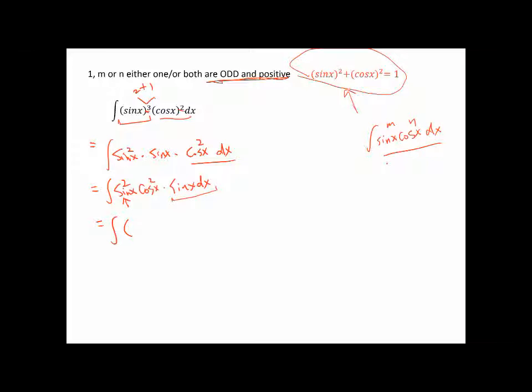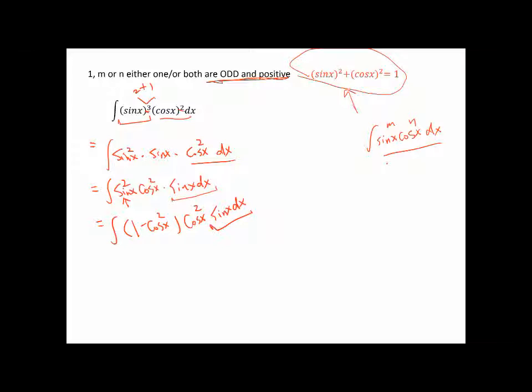Under my first problem category, sin and cosine. What is the second category? Secant and tangent, but we're going to see it later. So this we write as 1 minus cosine x squared, times cosine x squared, and copy sin x dx.